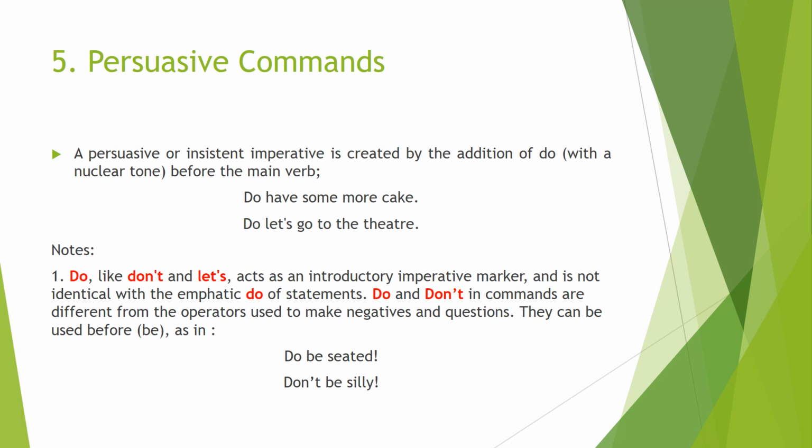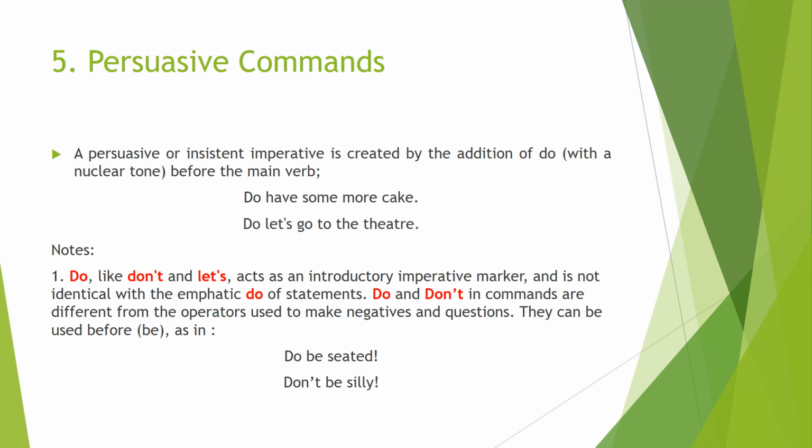They say that do and don't that we use in commands can be used before be, but the normal operators do and don't cannot precede be. For example, do be seated. Here I am insisting that you take a seat or you sit down. So this is a persuasive command.